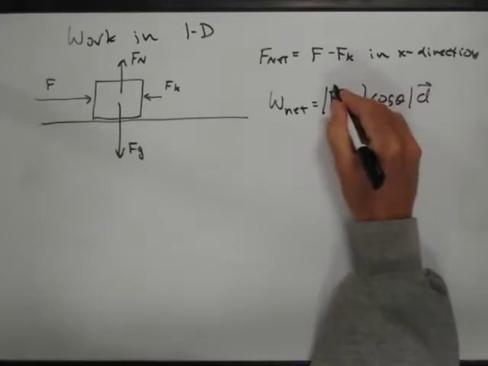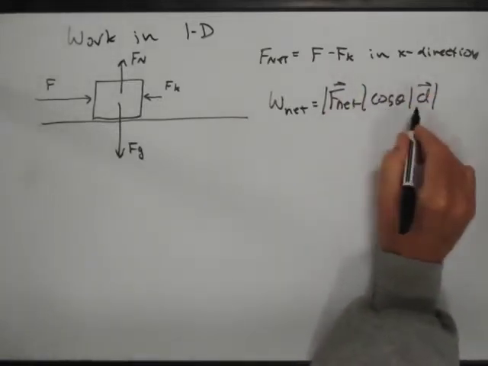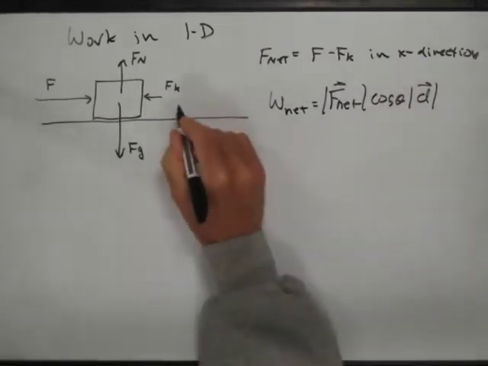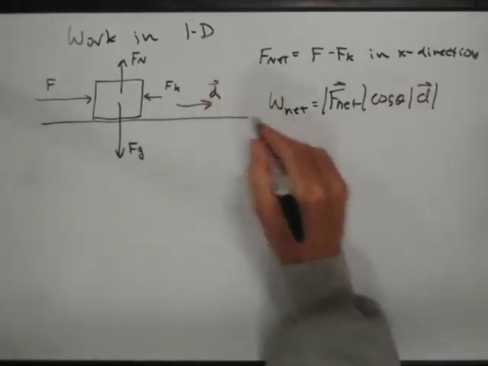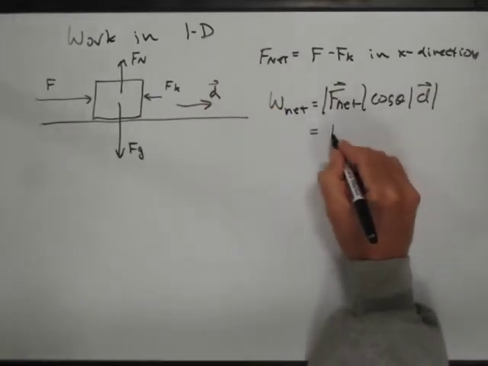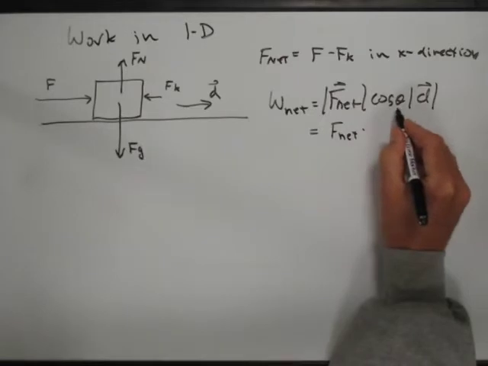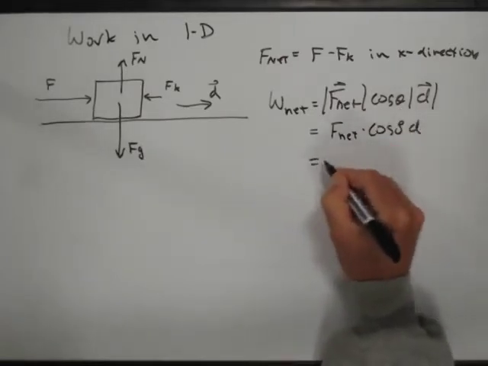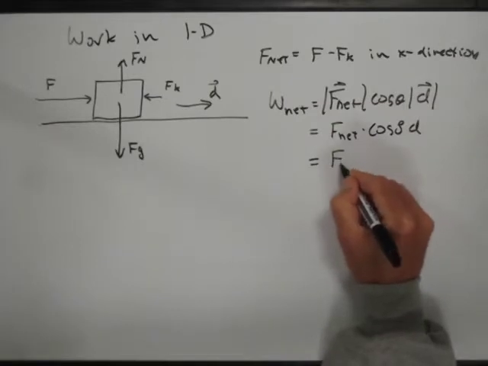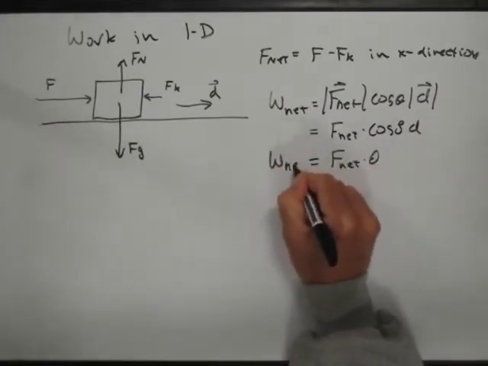If I wanted to, I can call these vectors, but F net is just along the x-axis, and that's the direction this moves. So this is just F net times cosine of 0 times d, but cosine of 0 is just 1, so F net times the distance is the net work done.